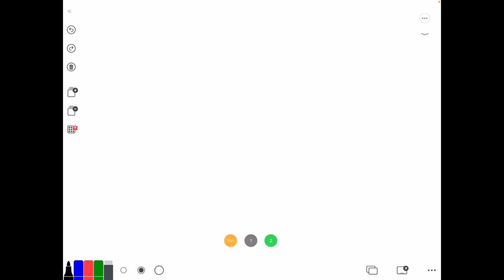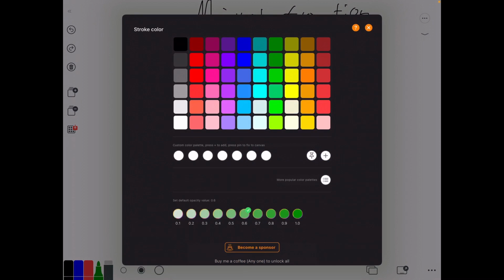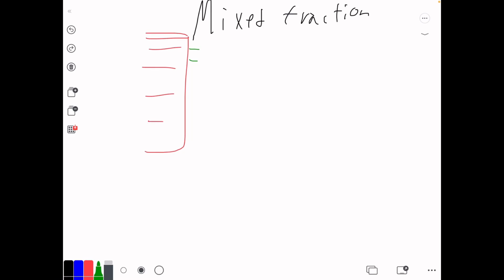Let's talk about mixed fractions. So they look a little different. I don't know if any of you have seen Harry Potter, but on the station he goes, it says, go at 9 3/4.